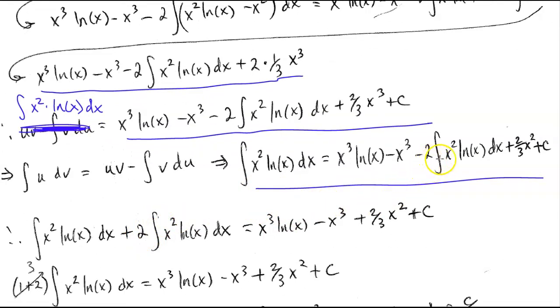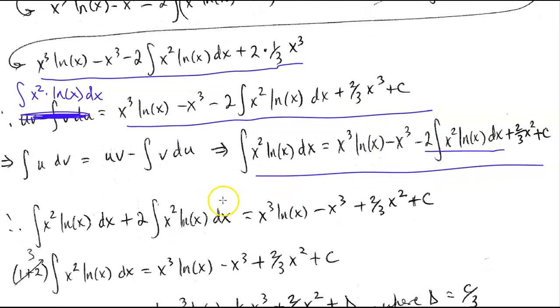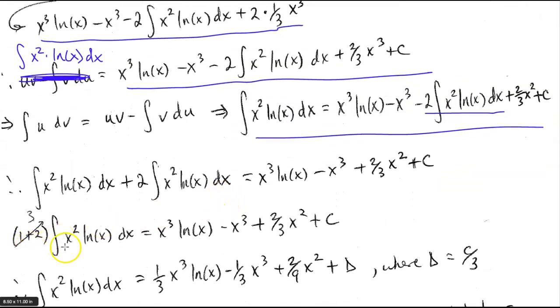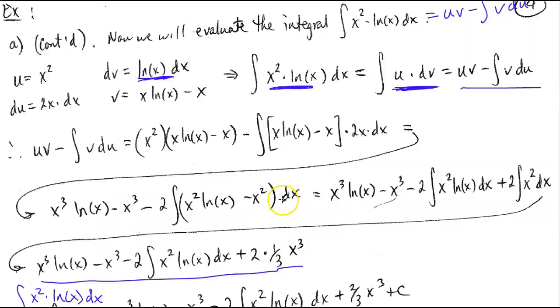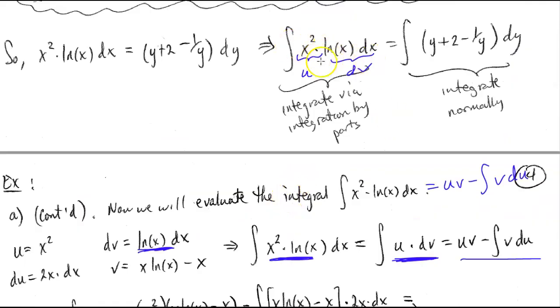Of course, if I added this particular term here to both sides, then I would end up having 3 times the integral of x squared times natural log of x dx equal to everything else that's left on the right-hand side. And then I divide both sides by 3, and then I end up getting this result here. And so that's what the left-hand side of my original equation that I was trying to solve for is, okay? Now, the right-hand side is relatively easy.